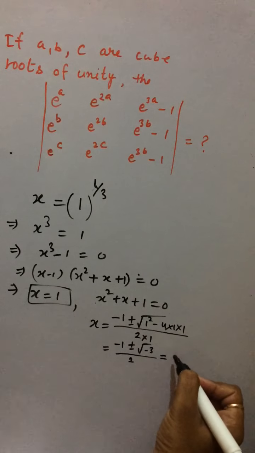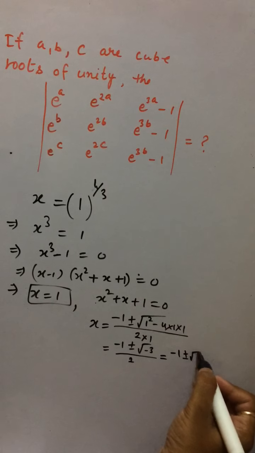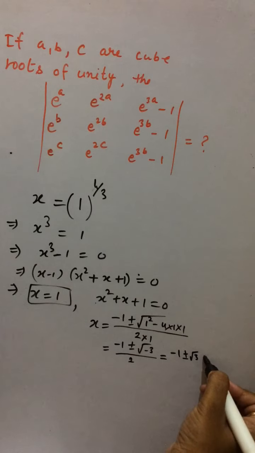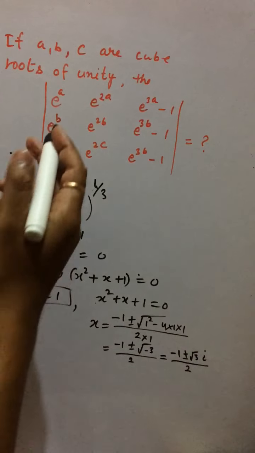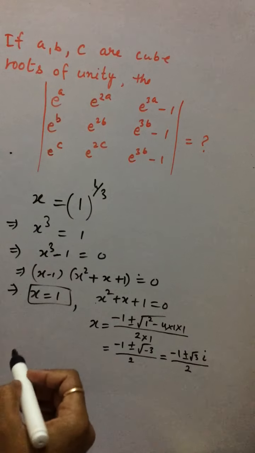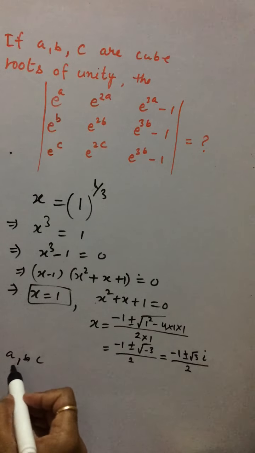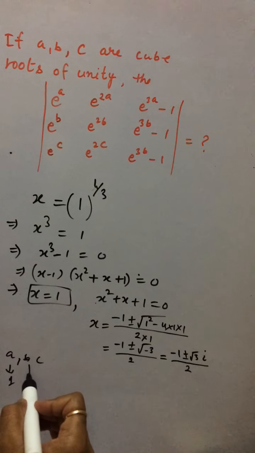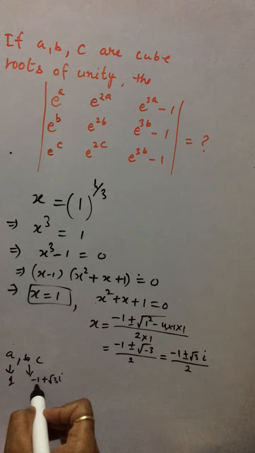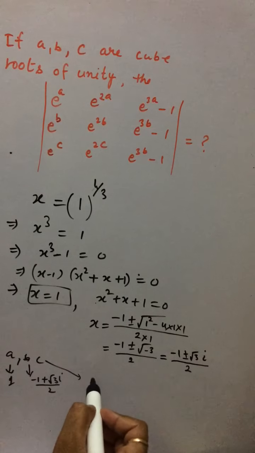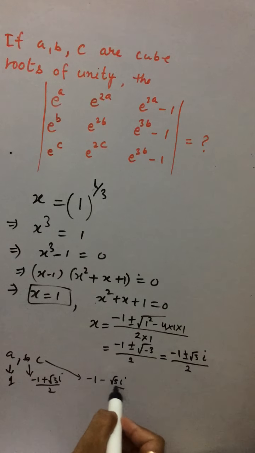You can write root minus 1 as iota, so x equals minus 1 plus minus root 3 iota upon 2. Since a, b, c are cube roots of unity, we can assume a as 1, b as minus 1 plus root 3 iota upon 2, and c as minus 1 minus root 3 iota upon 2.